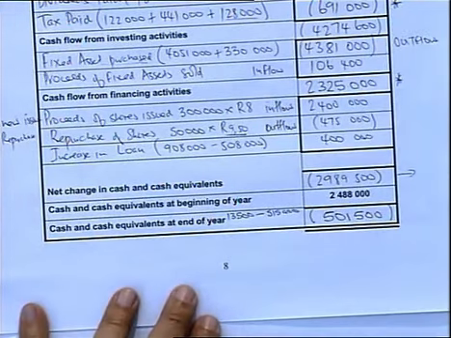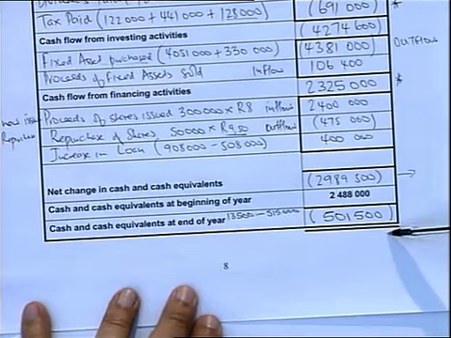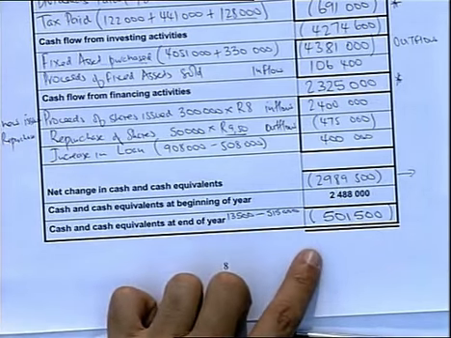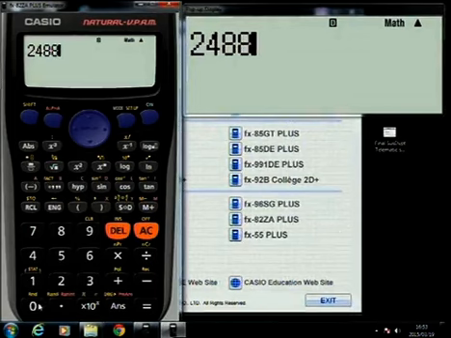501,500. Then a means of testing to see if the difference between the net change and the cash and cash equivalents at the beginning of the year also gives you 501,500. So if we test that, at the beginning of the year, we had 2,488,000.